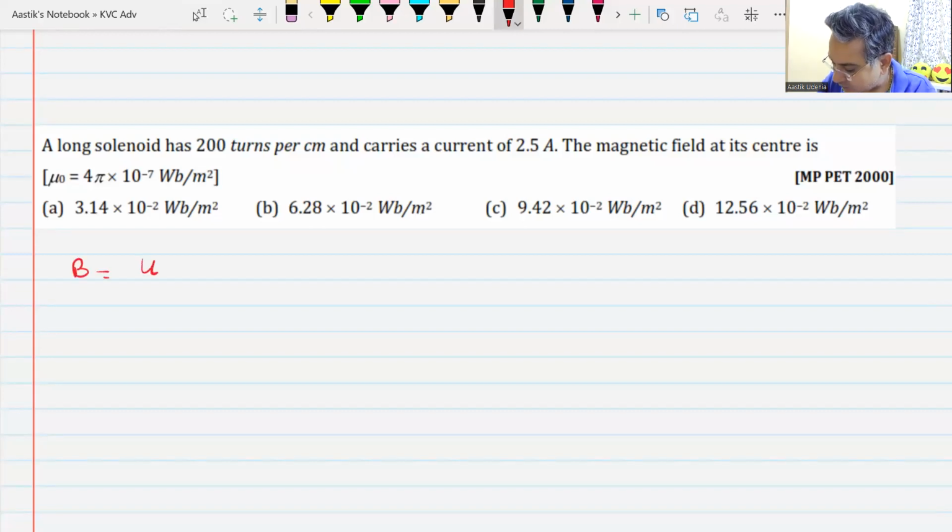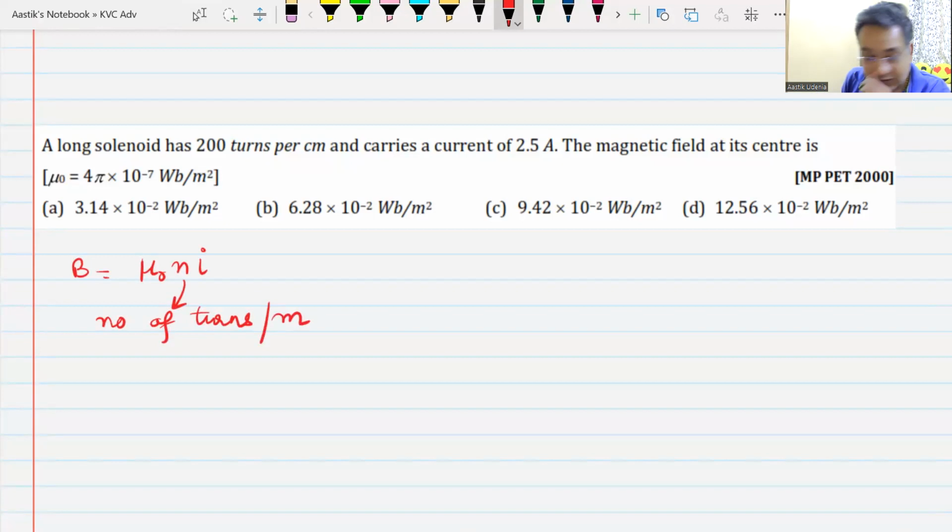Remember, for a solenoid, the magnetic field inside the solenoid is mu naught Ni. And remember, this is the number of turns in SI unit, per unit length in SI unit. So it should be number of turns per meter. Do we understand this? Mu naught is 4 pi into 10 raised to the power of minus 7 into 200 turns per centimeter.